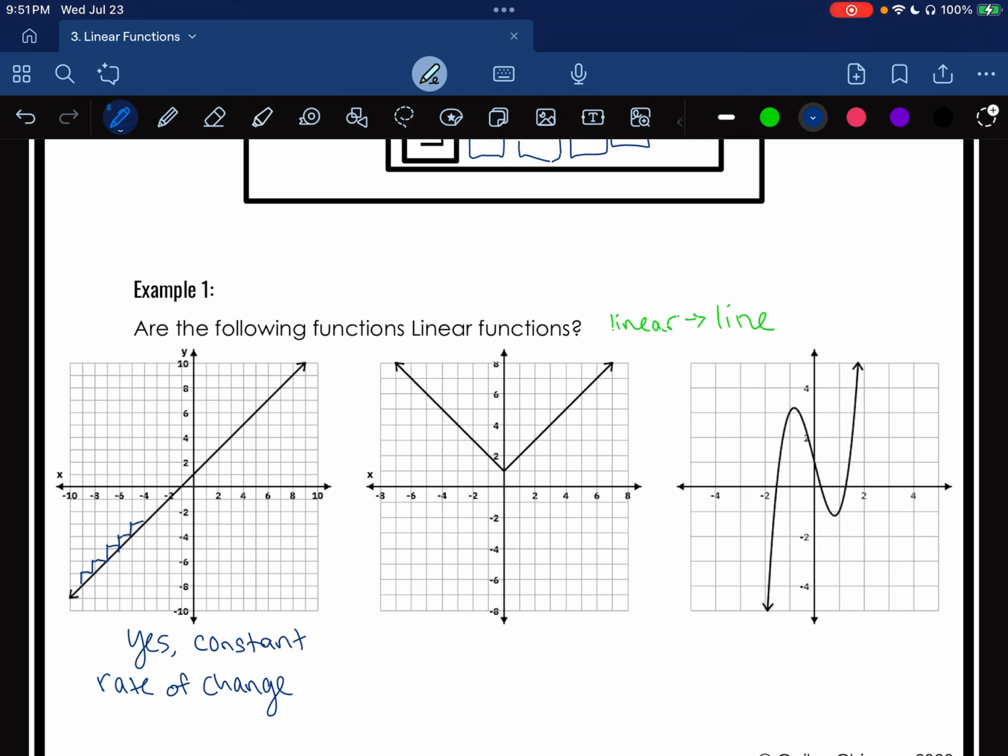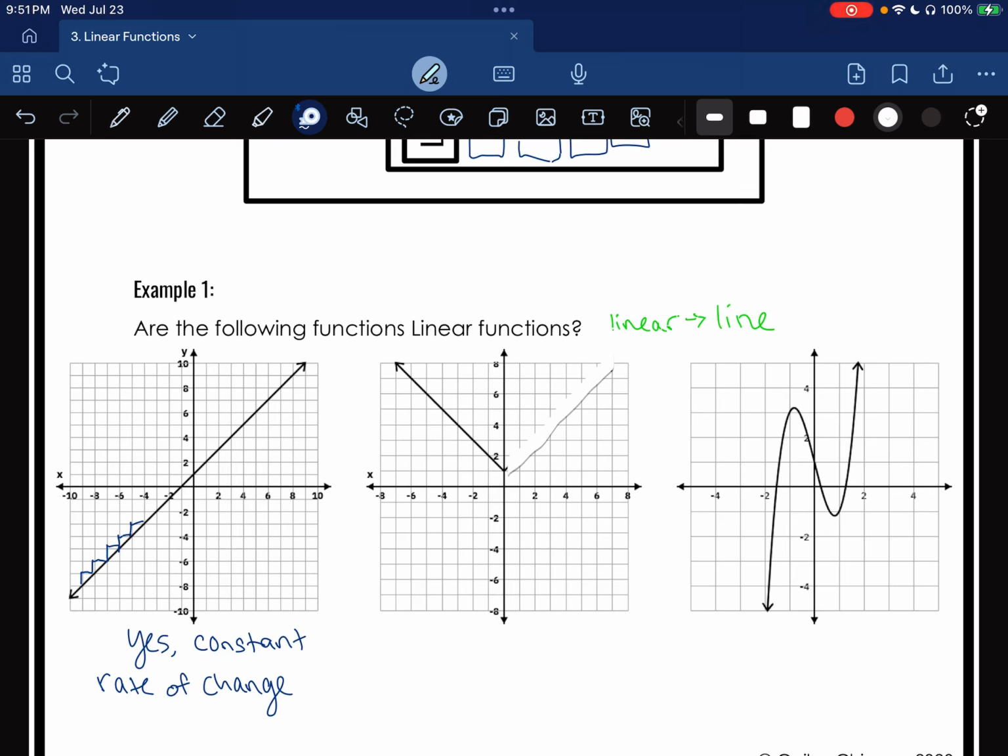This next one is tricky. If I cover up this part of the graph with the washi tape and pretend there's just the left-hand side, that's kind of looking like a line.